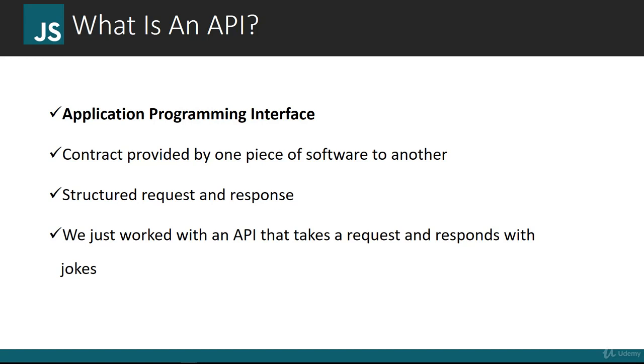Now, before we get into REST, let's talk a little bit about what an API is in general. It stands for Application Program Interface, and that's a very broad term. There's all kinds of APIs. We're specifically talking about web APIs, but there's also APIs in your computer, in your operating system, in your smartphone, even some refrigerators.